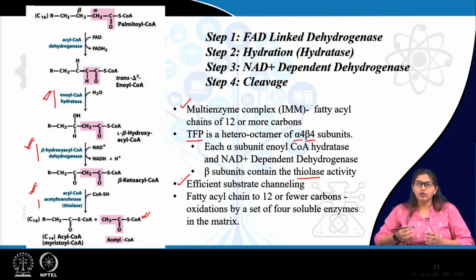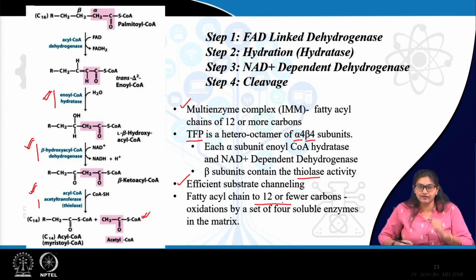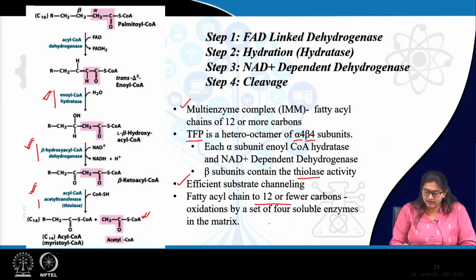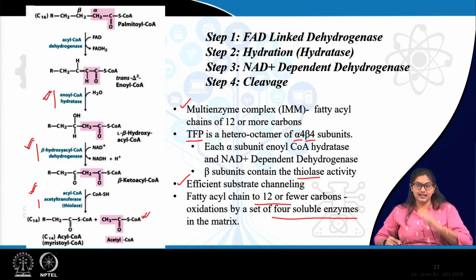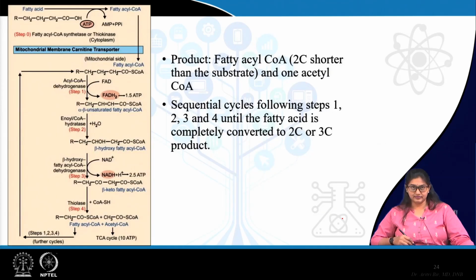While being treated by this TFP complex, the chain length gets shorter. When it is shorter than 12 carbons, it is treated by another set of enzymes, a soluble enzyme complex which consists of all the 4 enzymes. So, this is the importance of having a multi-enzyme complex in beta oxidation of fatty acid.